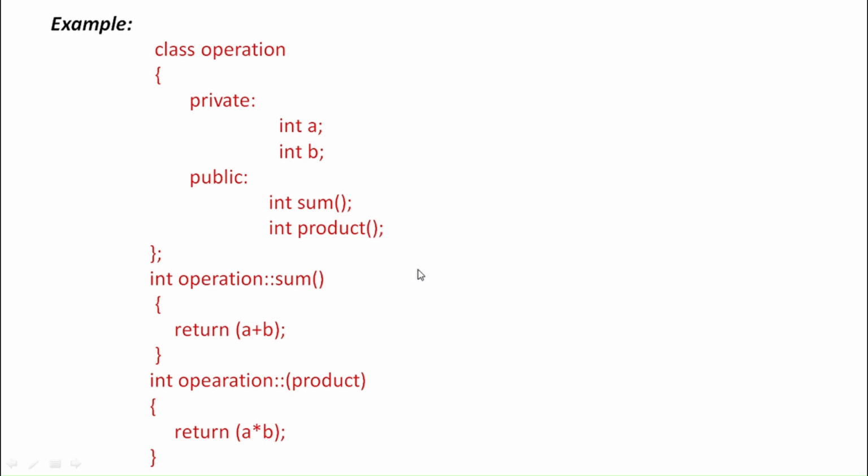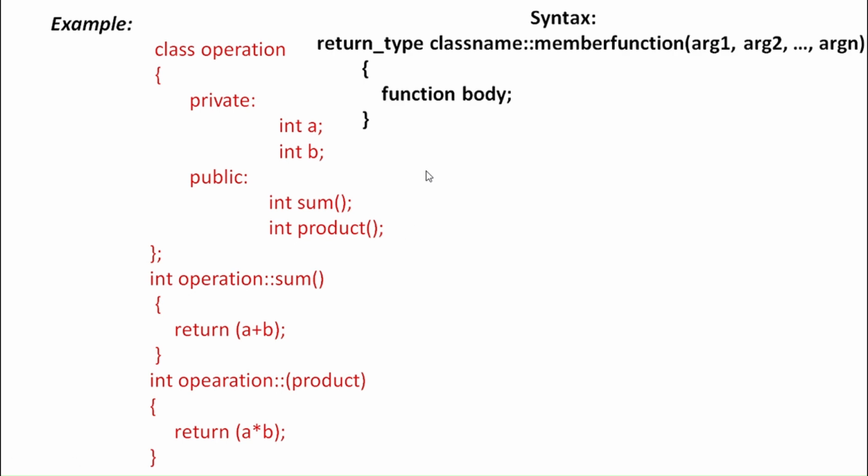Here let's define the function from outside the class. According to the syntax, first we have the return type, that is int, and the class name, that is Operation, the scope resolution operator, and the member function, that is sum, and some arguments if required. Then in place of the body of the function we will add the two variables because we want the sum of them, right?